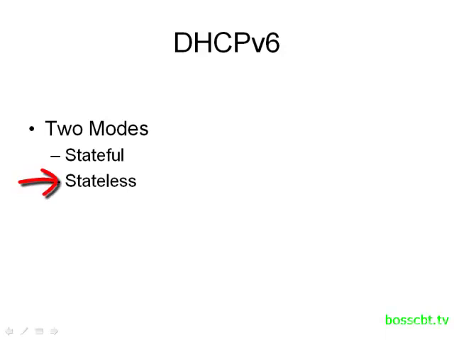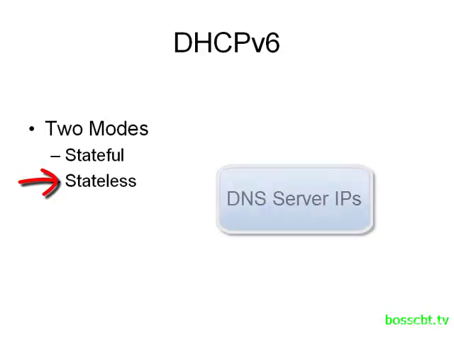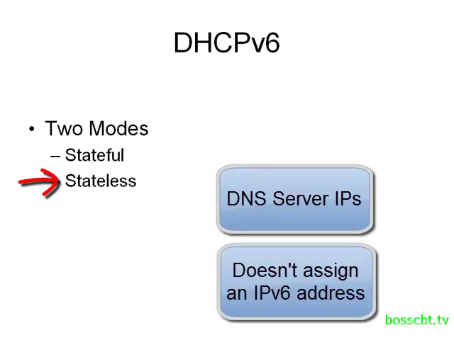Now, the stateless mode of DHCP version 6 is really different than the stateful. Here we simply send a lot less information to the host. In fact, the stateless mode only supplies DNS server IP information. It doesn't assign an IP version 6 address, and it doesn't keep track or keep state of the information it delivered.